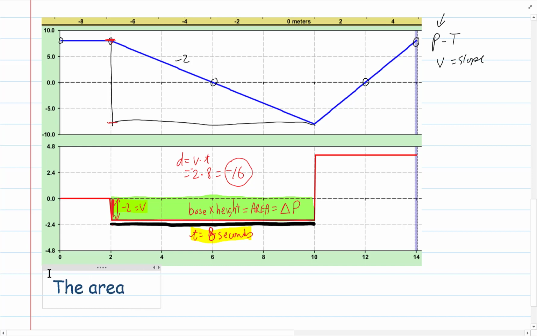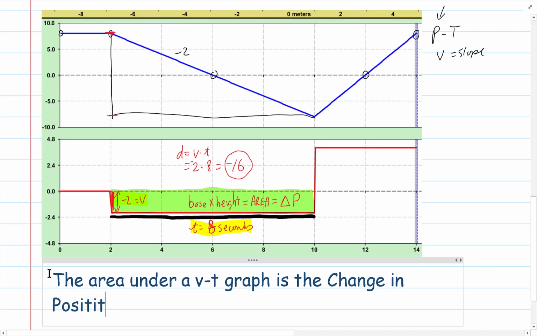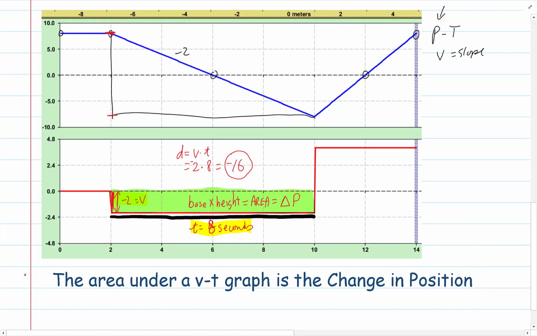The area under a velocity time graph is the change in position. Okay, and that's going to be our number 2 rule.